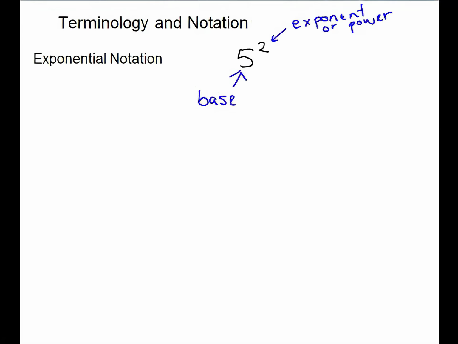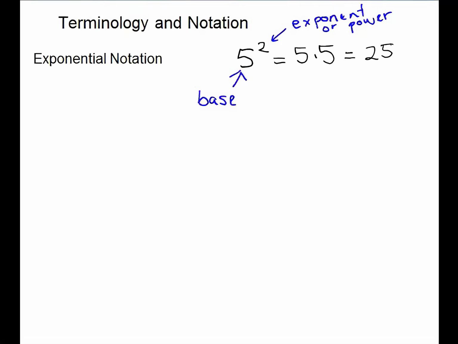It means for you to take the base times itself, the exponent number of times. So this says take 2 copies of the 5. And then you could multiply them out. So this is factored form or expanded form. And to work them out, we evaluate it. So we multiply them together.